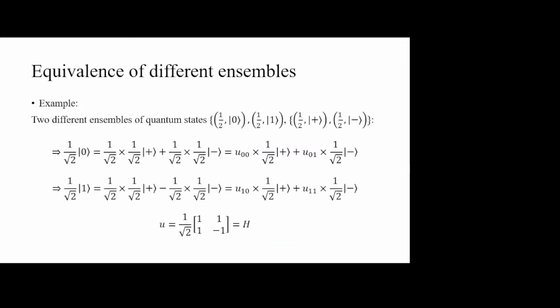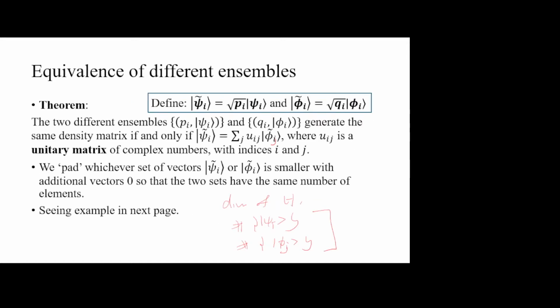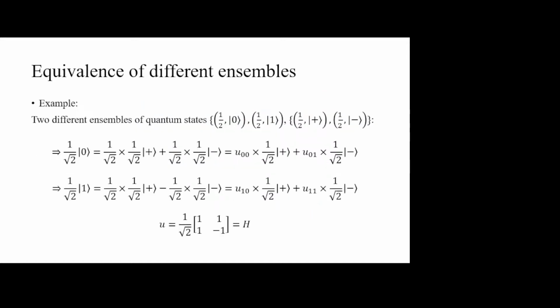But let's go back to the easy example we have. The easy example is this ensemble being 0, 1, and this first ensemble is in the 0, 1 basis, and the second ensemble in the plus minus basis.